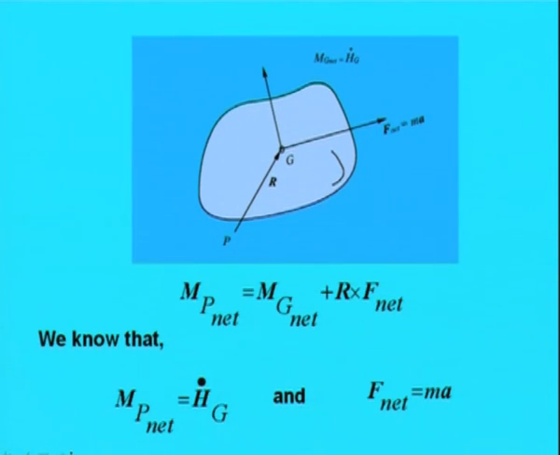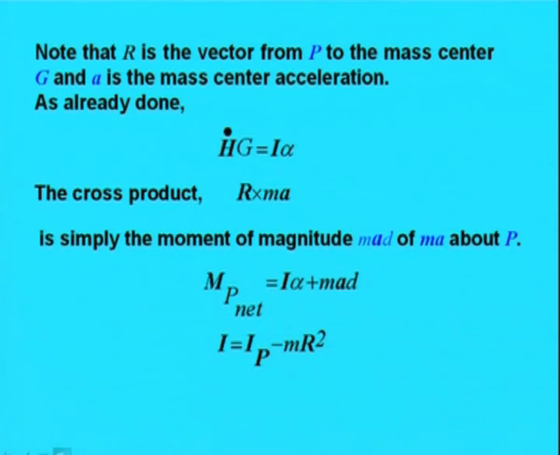So now make use of the principle of moment. We can also write Mp net is equal to Mg net plus R cross F net, and we know in this case Mg net will be H dot g and F net will be equal to mass times acceleration. Therefore, R is the vector from P to the mass center G, and A is the mass center acceleration.